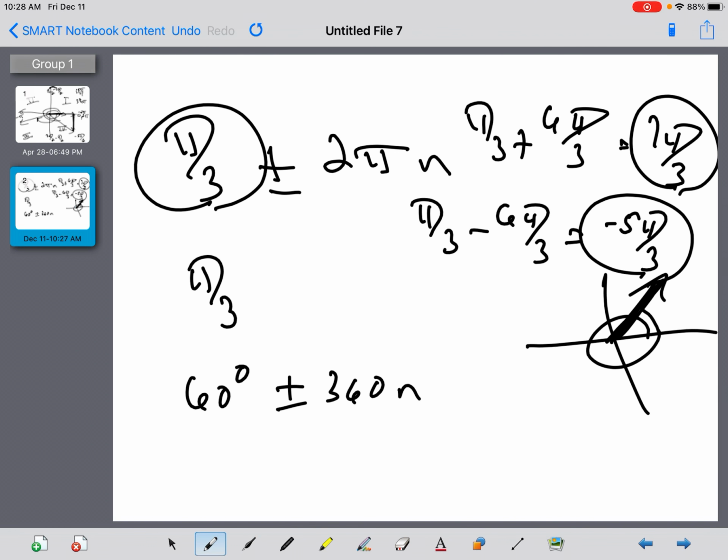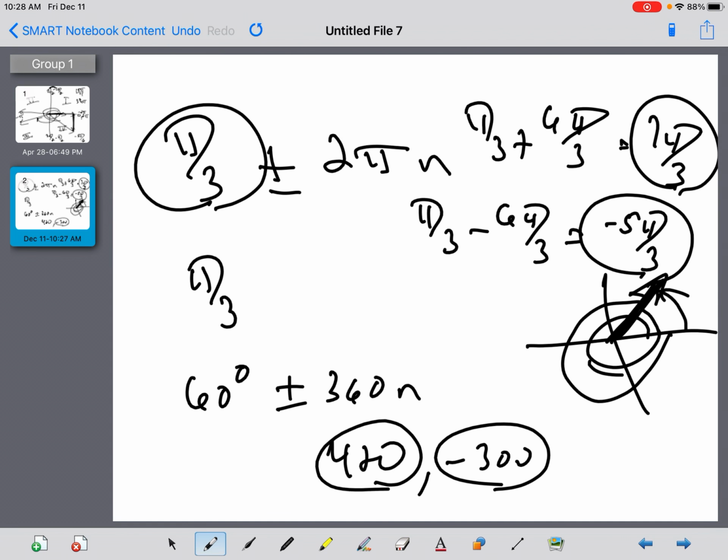Going around once, that's 2 1/3 right there. Negative 5/3 would go back this way, and then pi over 3 would just be that one. Here you just add multiples of 360, so you'd have 420 and negative 300. Again, those are the same angles in degrees as the radians up there.